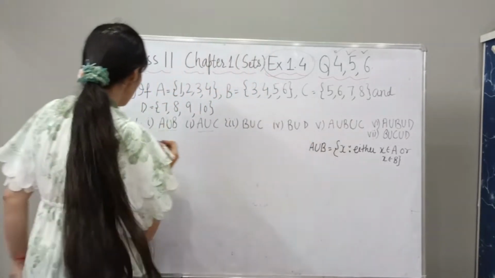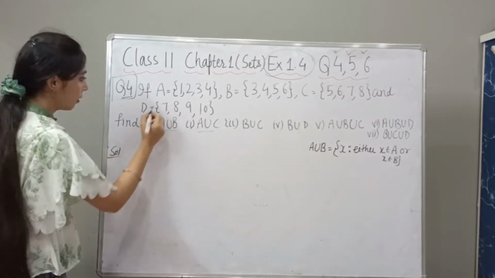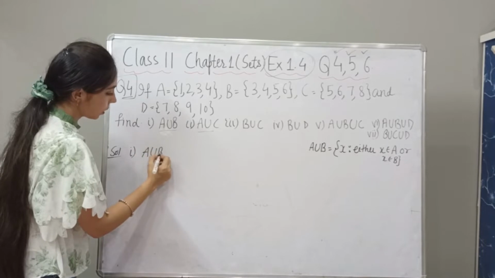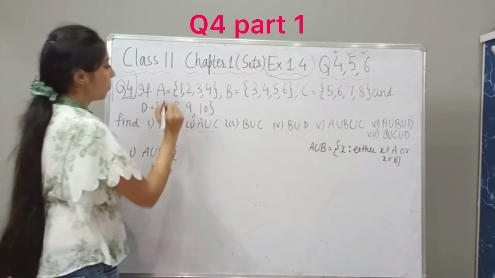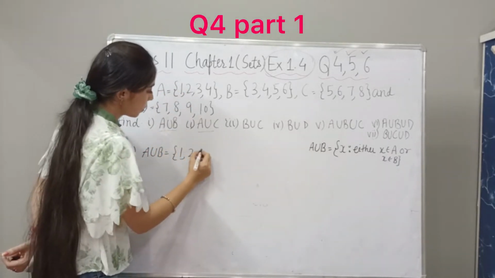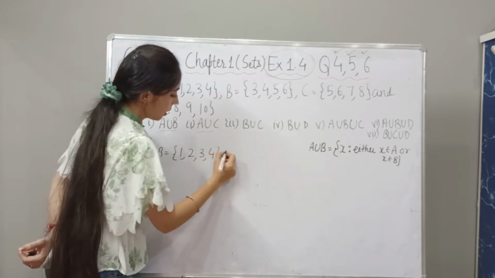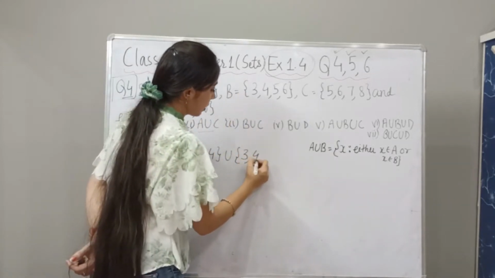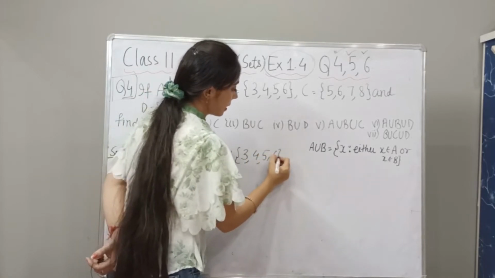Okay, so first of all we will discuss part number 1, A union B. So what is A? A is {1, 2, 3, 4}. We have to find the union of these two sets.